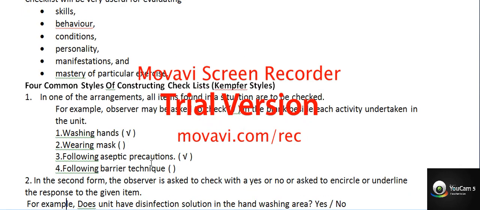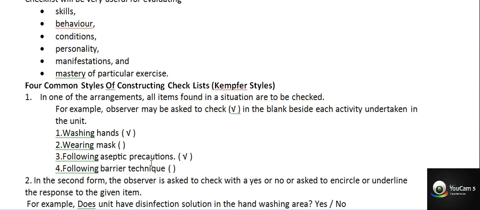There are 4 common styles of constructing a checklist, so different kinds of checklists are there. You can construct them as per Kempfer's styles. He suggests there are 4 different styles.